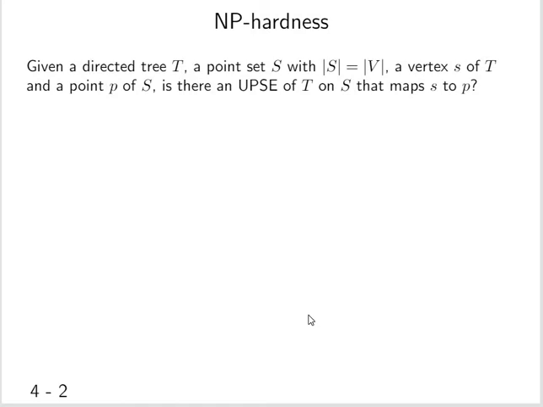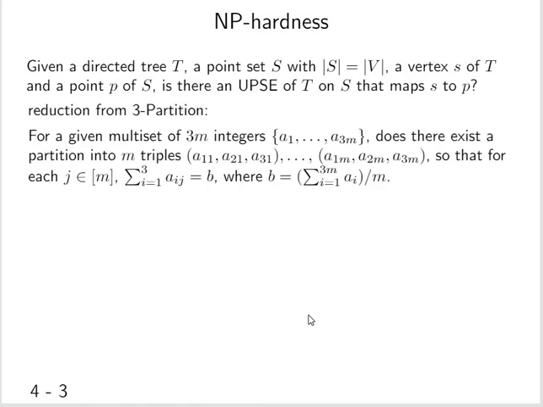And the question is: is there an upward point straight line embedding of our tree T on the set S such that the vertex S is mapped to the point P? And we prove that this is NP-hard by reducing from three partition.